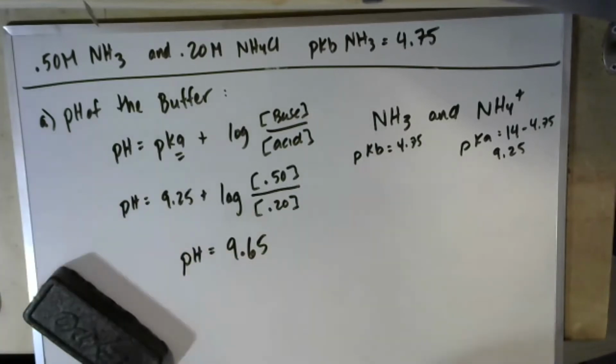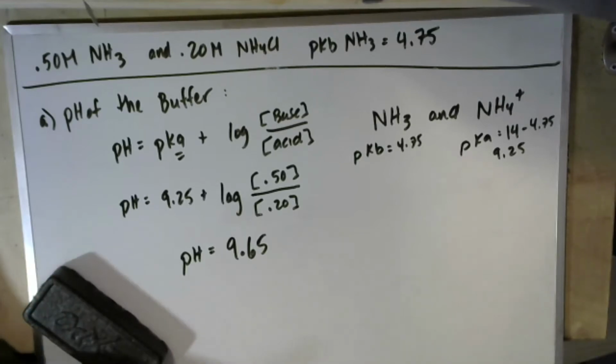All right. Now we're going to calculate what would happen if we had 0.95 liters of the solution, and then we added 0.01 moles of the solid NaOH to it.